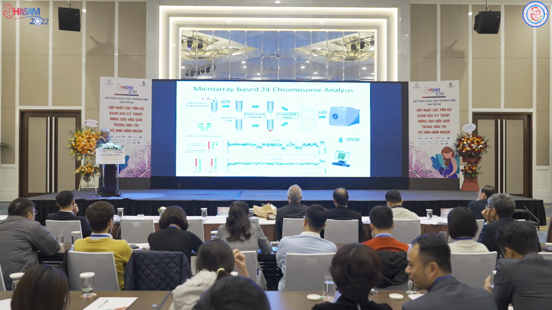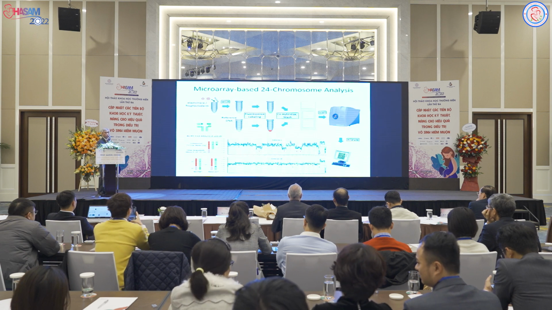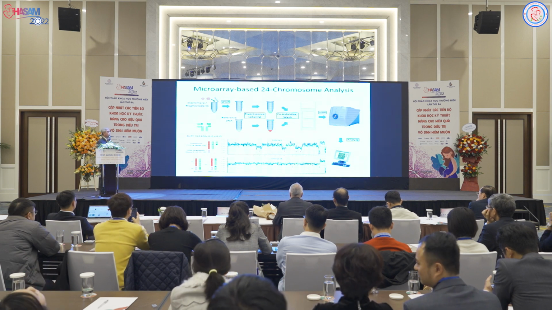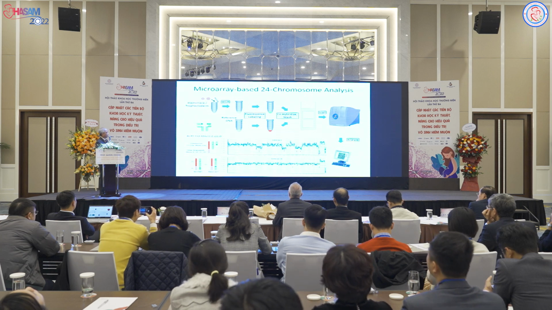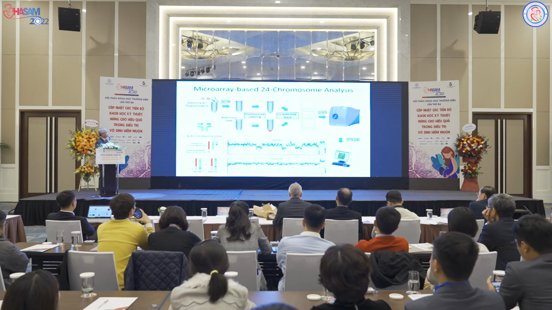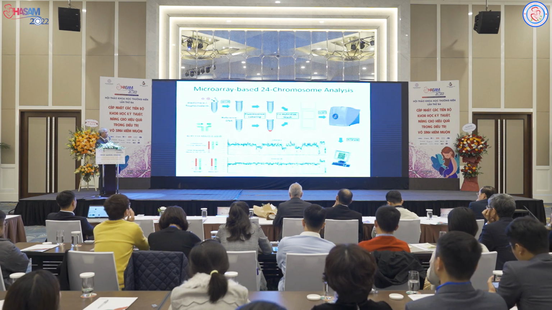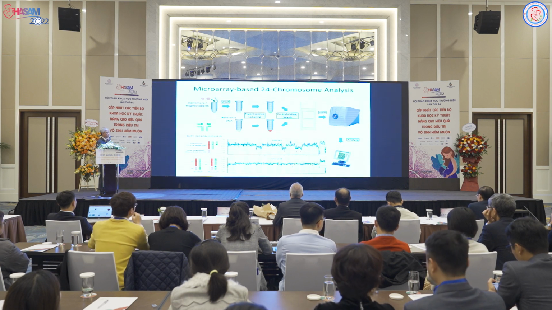Then came along microarray-based methods that allowed you to look at all 24 chromosomes and not just the centromeres. So it involved whole genome amplification of the material and the labeling of the material, plus the labeling of a reference DNA with a different color, and the co-hybridization, followed by scanning on a fluorescent scanner.